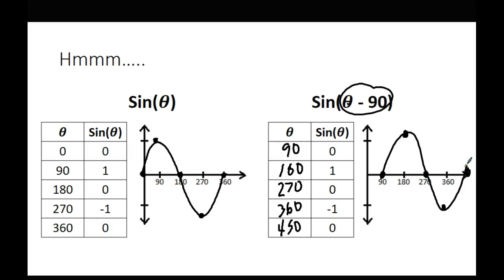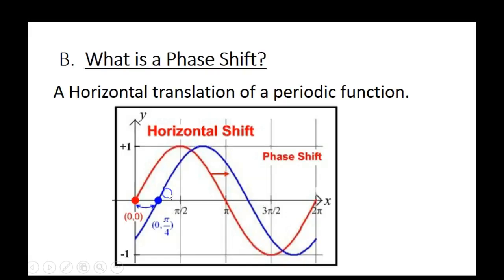It shifted it, right? In trigonometry, that's what we call a phase shift. You're shifting it horizontally. So they call horizontal translations phase shifts. So there you go. Horizontal translation of a periodic function is a phase shift.